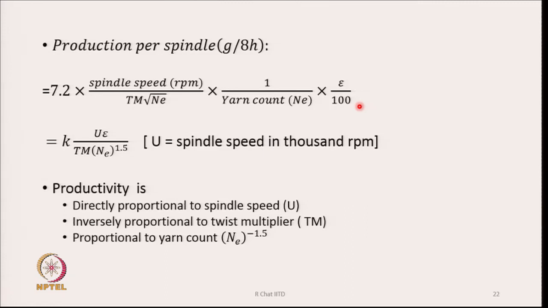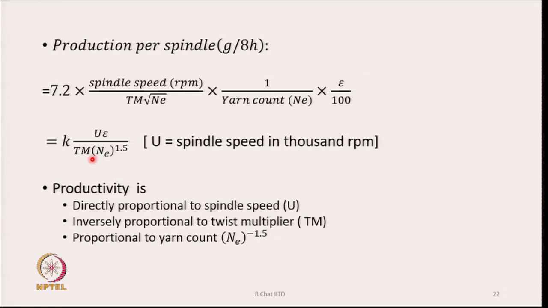So, if we look at this equation, we can say that productivity is directly proportional to spindle speed U, which is in terms of 1000. It is also proportional to the efficiency factor, and inversely proportional to TM, so if we increase the twist multiplier, the productivity is going to reduce. The other thing is that it is proportional to the yarn count to the power minus 1.5.